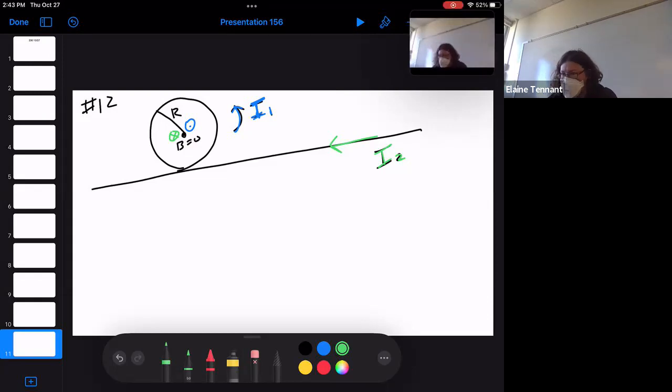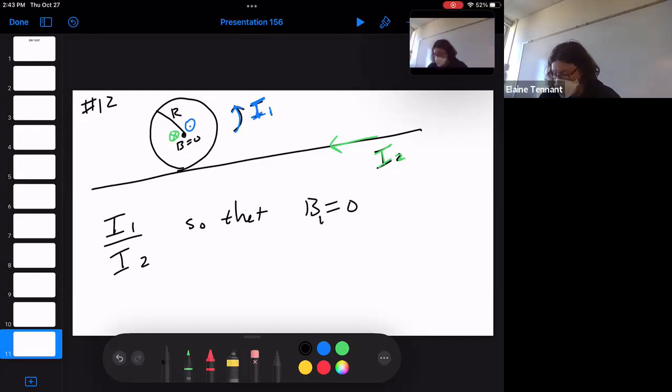Next, we want the ratio of I1 to I2 so that B total will equal 0.